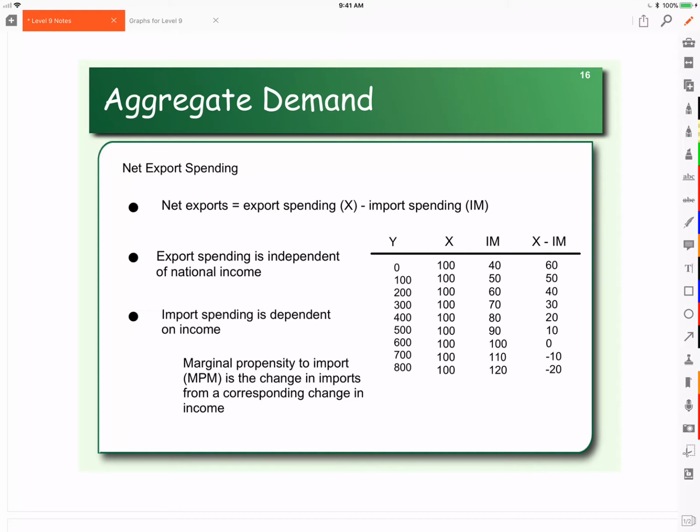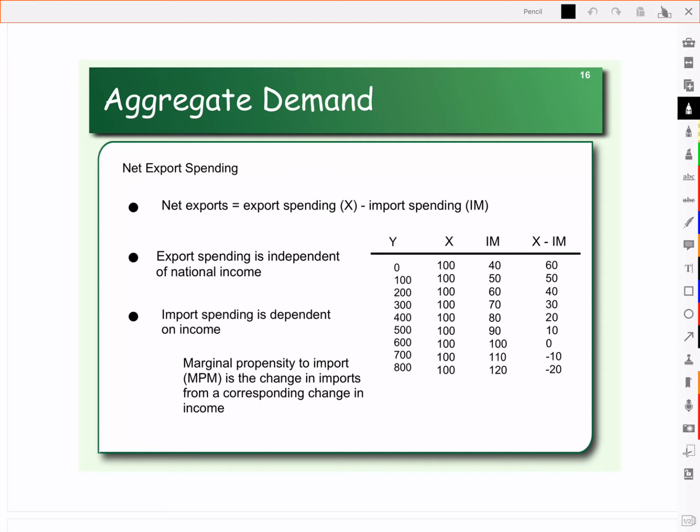So export spending is done by people in other countries. And since export spending is done by people in other countries, it does not depend on our income. So you'll notice for our data that export spending does not change when income changes. It doesn't depend on our income.